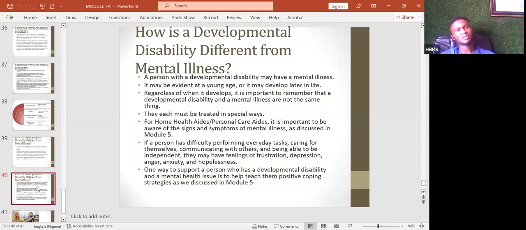So one way we can support those who have developmental disability or mental issues is to help them with what? Teaching them positive coping strategies.